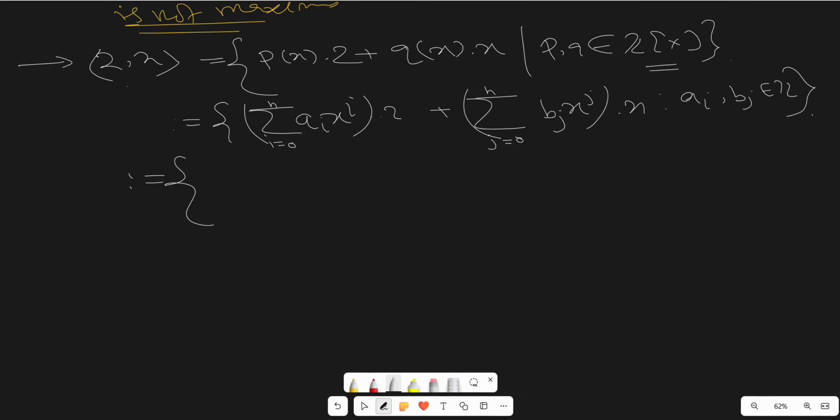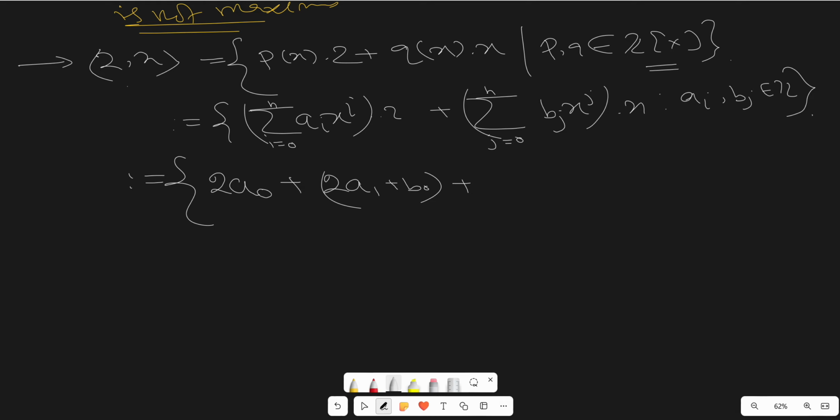So the constant term will be 2a0, plus what will be the second term? 2a1 x, and here will be the x square term, and you will only be left with one b0 term. So 2a1 plus b0, plus what is the next term?